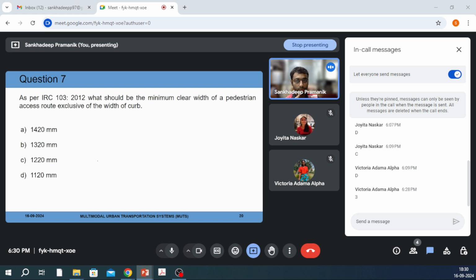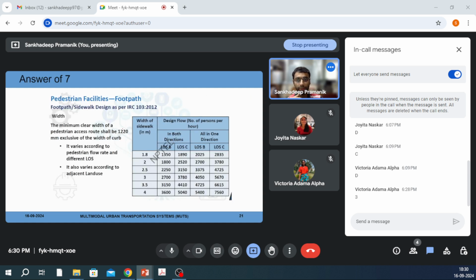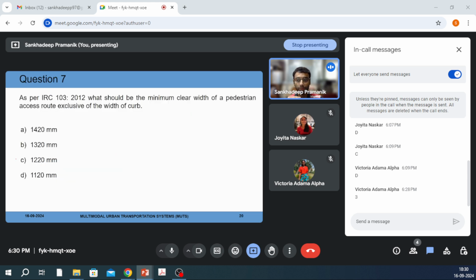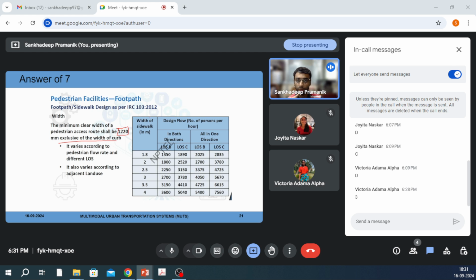So in IRC 103, this minimum clear width value for pedestrian access route is given as 1220 mm exclusive of the width of the curb. So this option C is correct here. You may not be required to remember all these values, but this is the minimum value, that's why it may be asked sometimes.